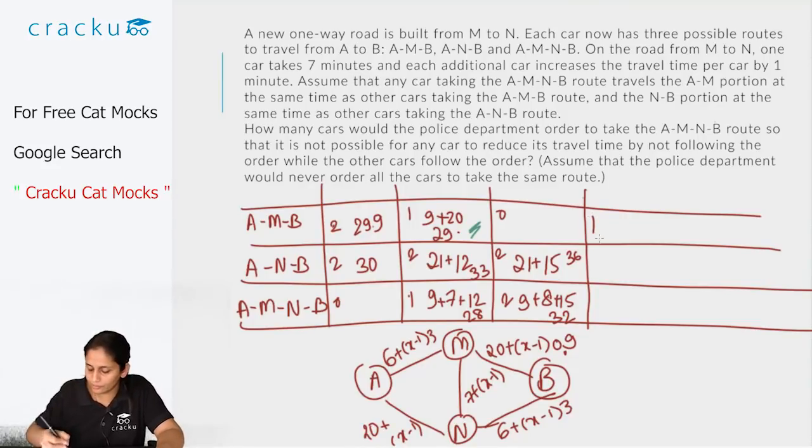Now let's see if it makes sense for one guy from A and B to switch. So suppose it is 1, 1, 2. Now if it is 1, 1, 2, what would be the values as such? Between A and N there are 3 people going, so that is 6, so that is 12 minutes for both of these guys.